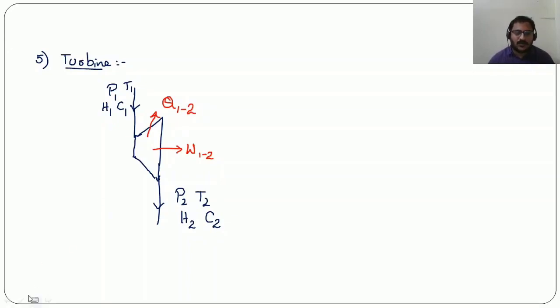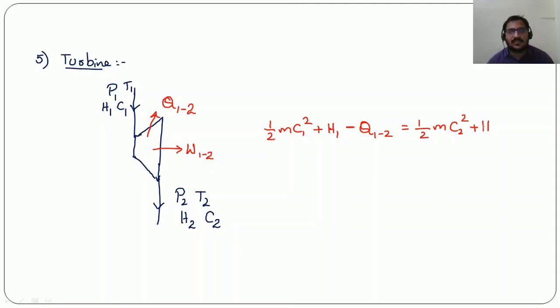So therefore we can write the equation of turbine like this, neglecting potential energy components: half m C1 square plus H1 minus Q12. As heat is rejected, we are taking minus Q12. This is equal to half m C2 square plus H2 plus work done.